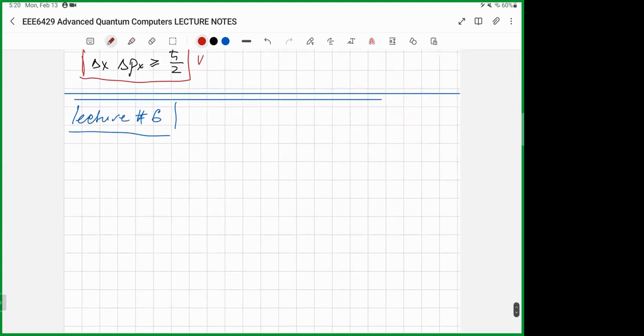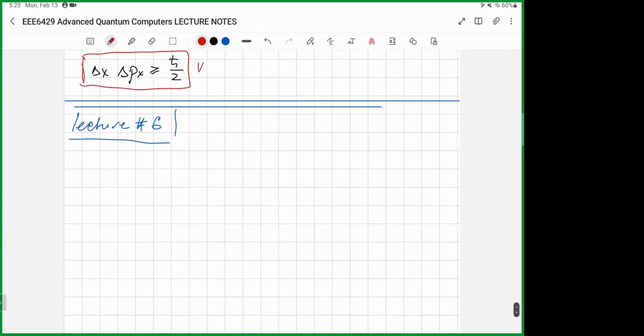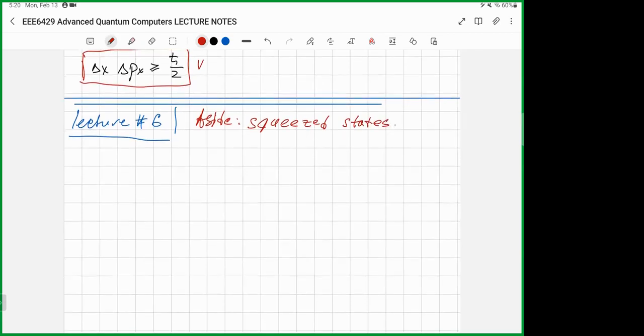But in this case, I want to make a note, or an aside, and tell you about so-called squeezed states. Right, so let me make this note here. Squeezed states.